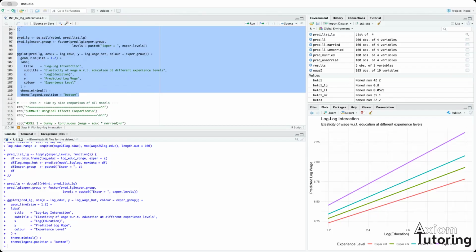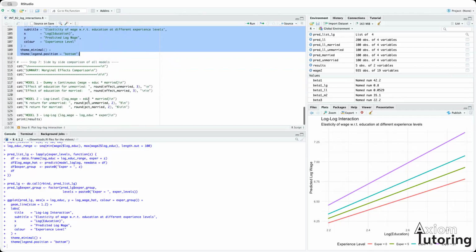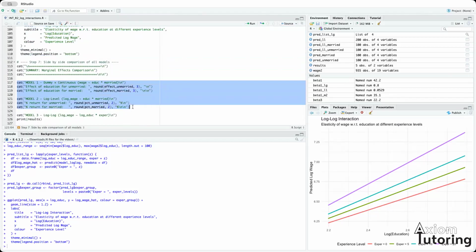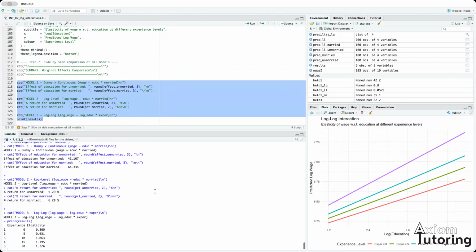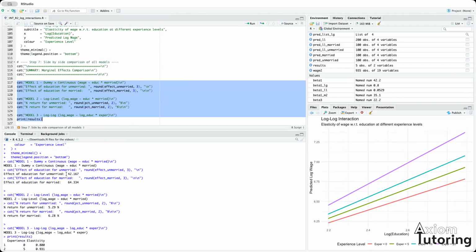So if we wanted to do a quick comparison summary by bringing everything together, so both the dummy times continuous and continuous times continuous, we can look at that in here directly. So we've got model 1 and model 2. Of course, model 3 was the log-log case. So these were also the results that we had from the previous video.